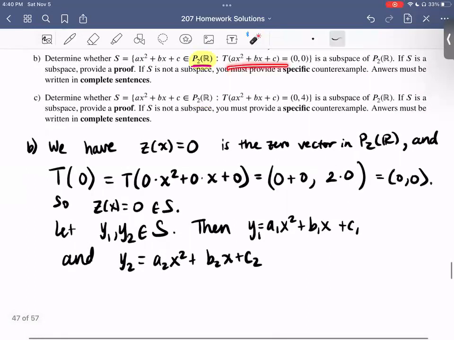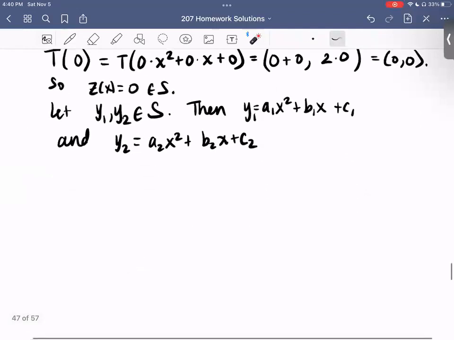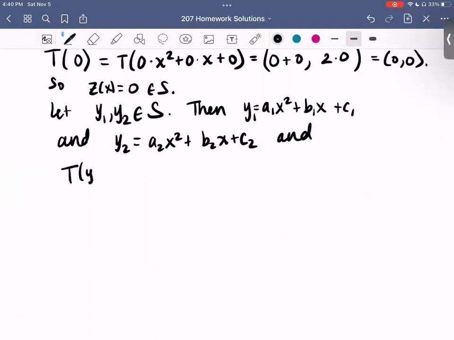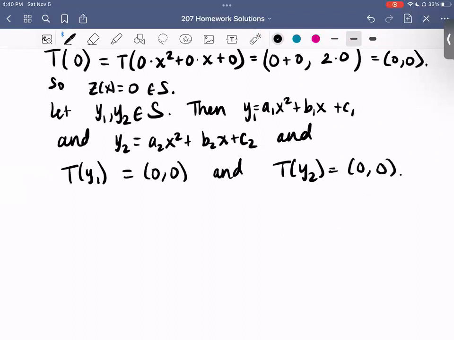But I also need to know that if I apply the transformation, I get 0, 0. So T of y1 equals 0, 0, and T of y2 equals 0, 0. So I've got two general elements of S.